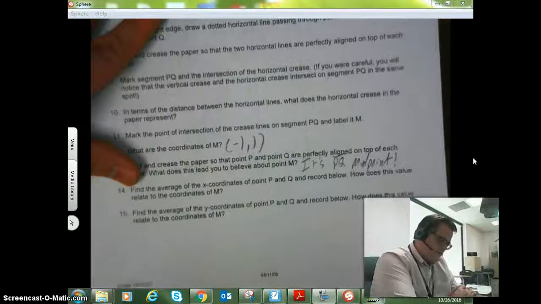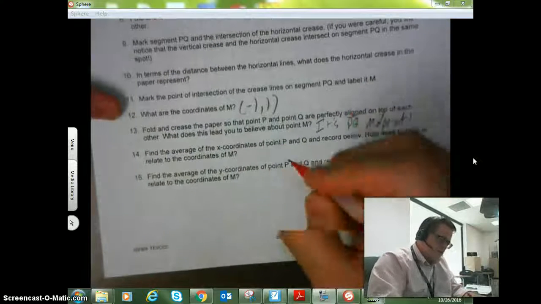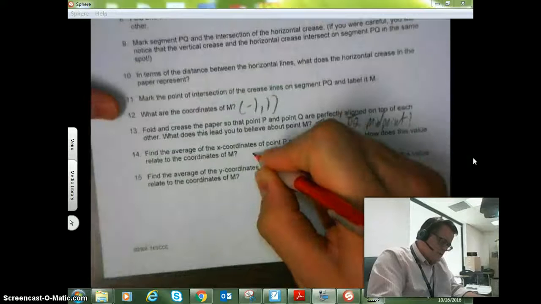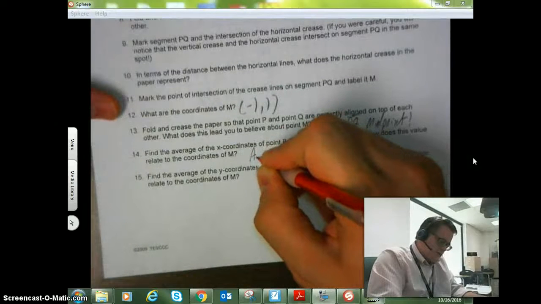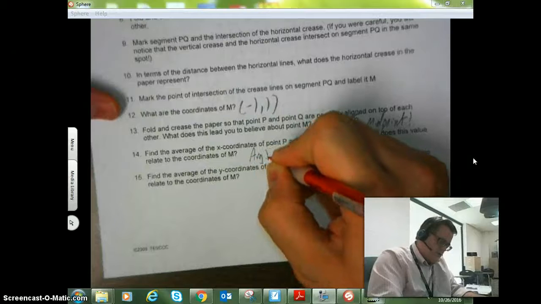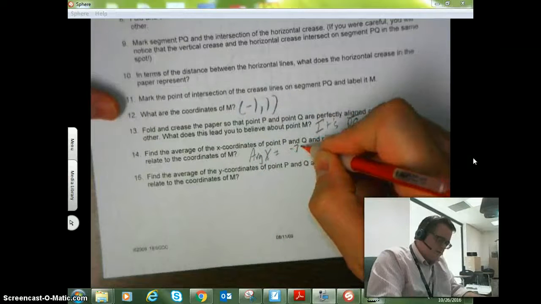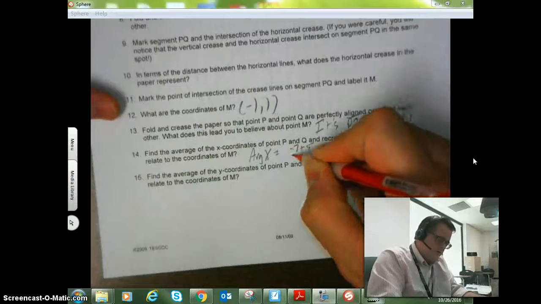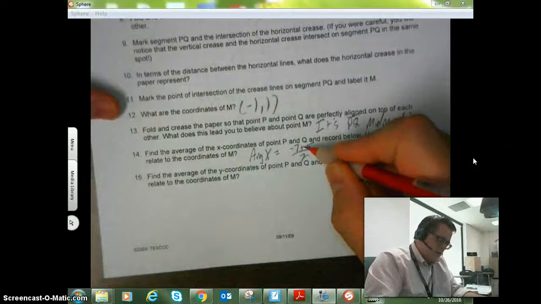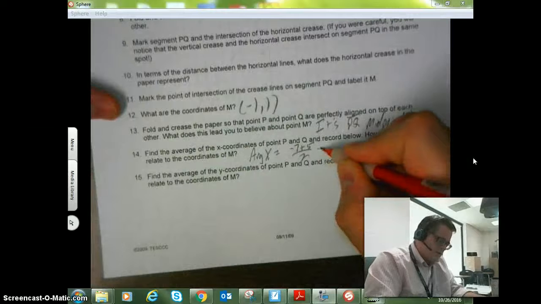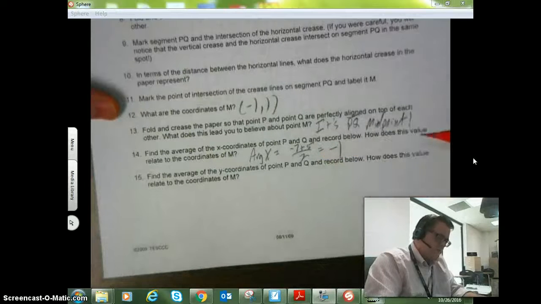So find the average of the x coordinates. Well, the average of the x coordinates in this case was, so I'll say average x. So the average of the x coordinates was -7 plus 5, and since I'm adding two numbers, I divide by 2. Well, -7 plus 5 is -2, and -2 divided by +2 gives me -1.